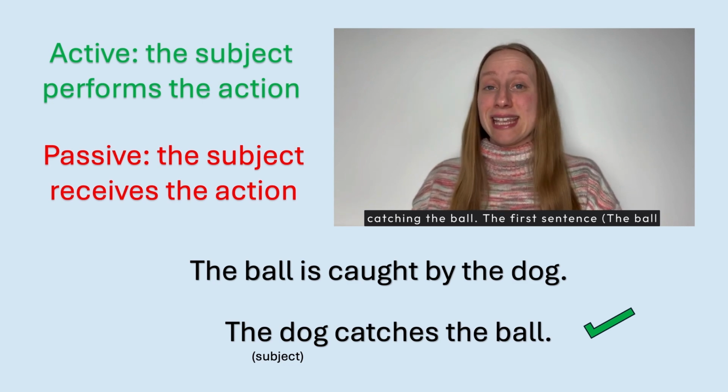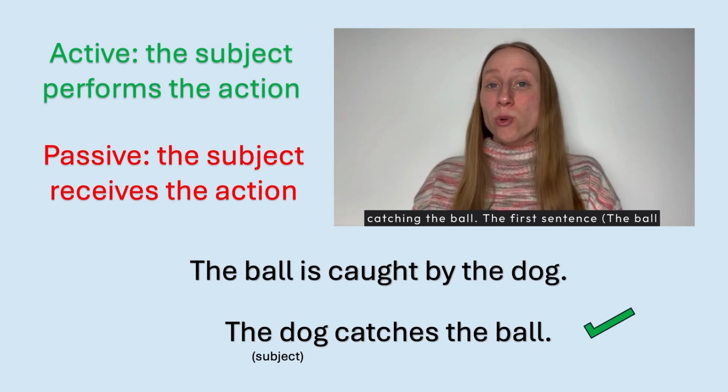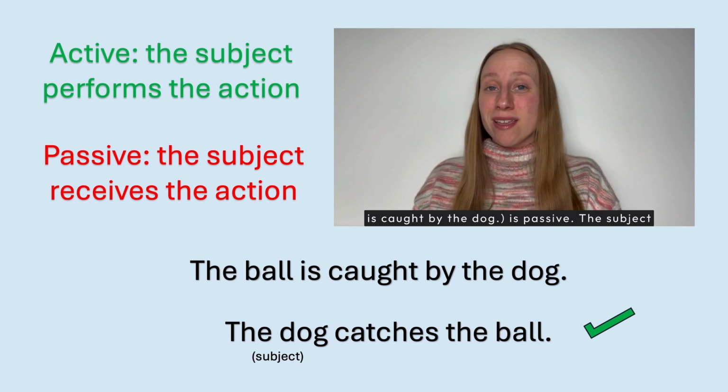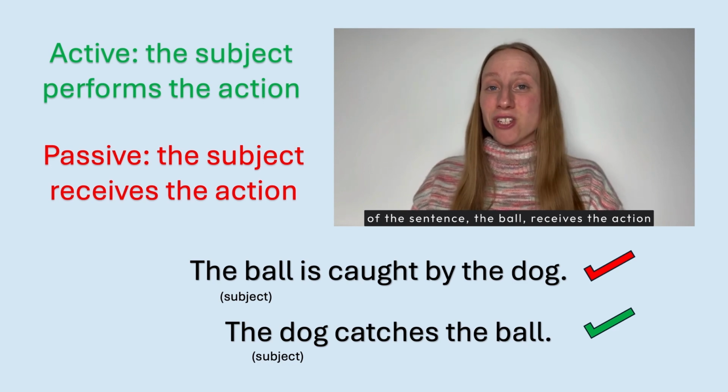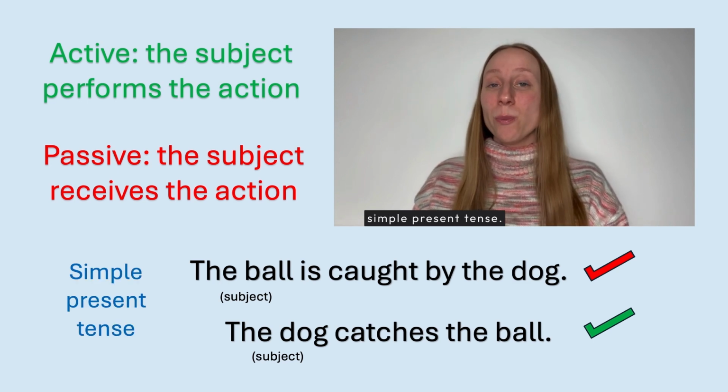The first sentence, the ball is caught by the dog, is passive. The subject of the sentence, the ball, receives the action by being caught. Both sentences are in the simple present tense.